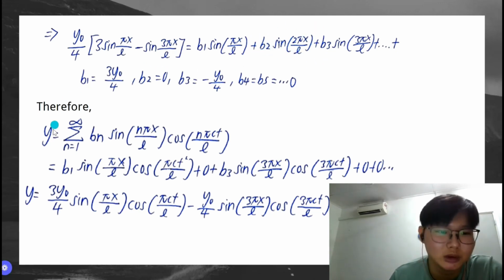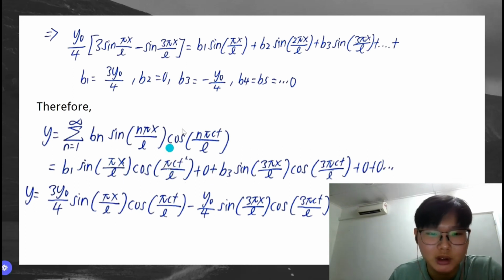So therefore our equation will become y equals the summation of n equals 1 to infinity of Bn sin(n pi s divided by L) cos(n pi ct divided by L). We put our B1 when n equals 1, B1 sin(pi s divided by L) cos(pi ct divided by L), plus 0, because B2 equals 0, plus B3 sin(3 pi s divided by L) cos(3 pi ct divided by L).